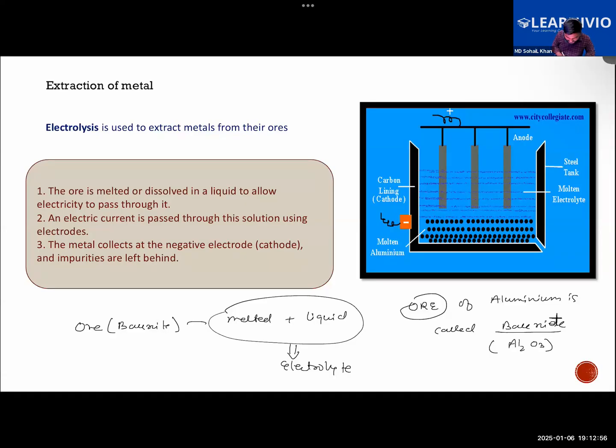So this bauxite, that is aluminum oxide basically, breaks up into aluminum and oxygen. The aluminum, being positive here, gets attracted towards the steel tank and settles down, while oxygen will be depositing at the anode.